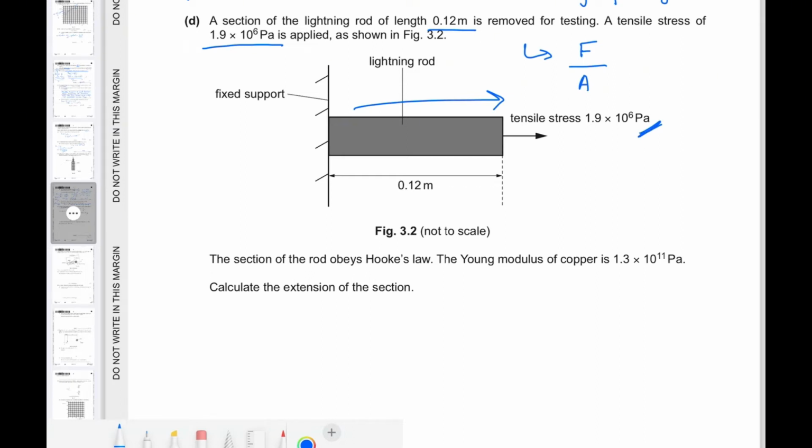The section of the rod obeys Hooke's law. That means it will follow the rule where force is equal to spring constant multiplied by the extension. The Young modulus of the copper is 1.3 times 10 raised to 11 Pascal. Young modulus is equal to stress over strain.